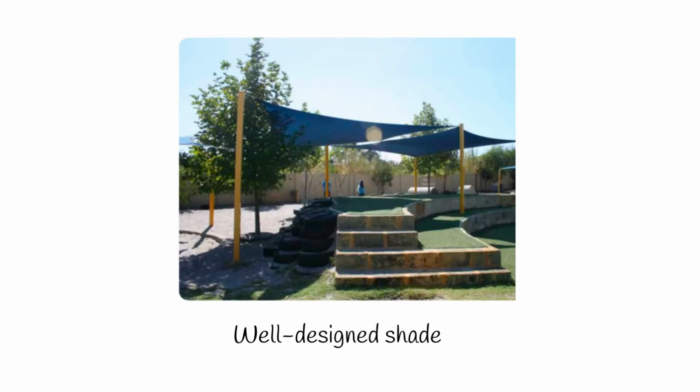This is excellent as well because it reduces the reflection of the UV rays. The design of the canopy takes into consideration shadows during different times of the day. So overall, I would think that this is a well-designed shade.